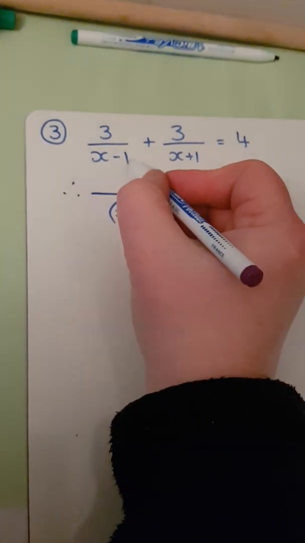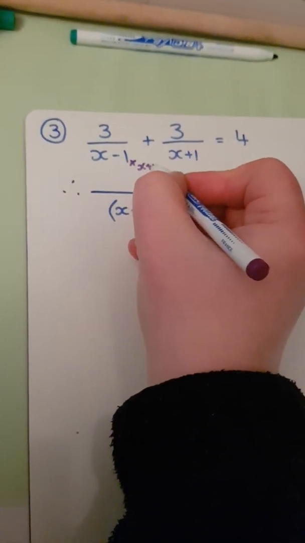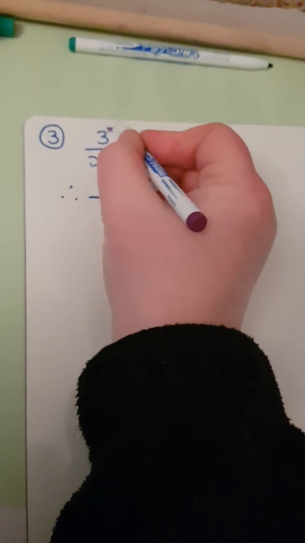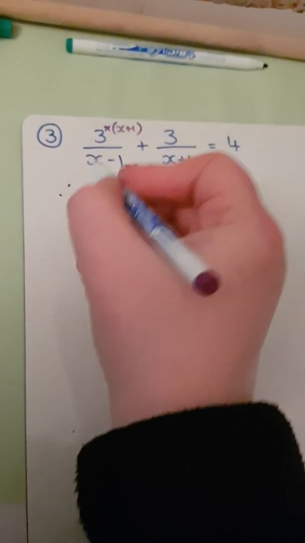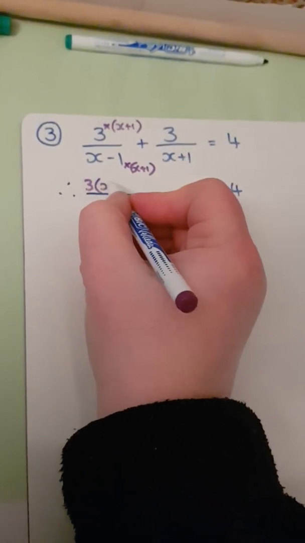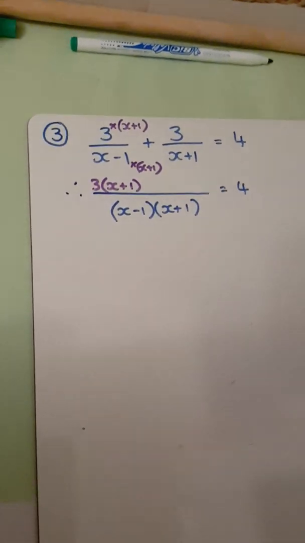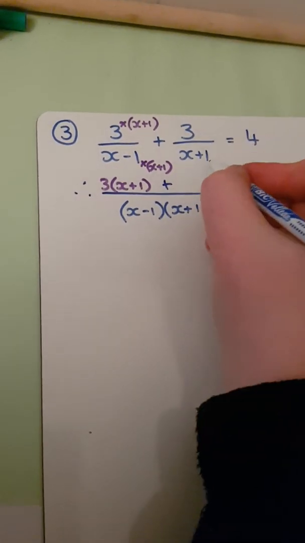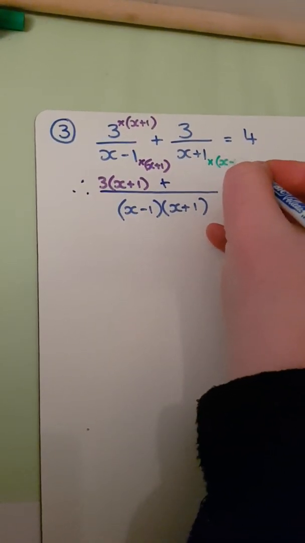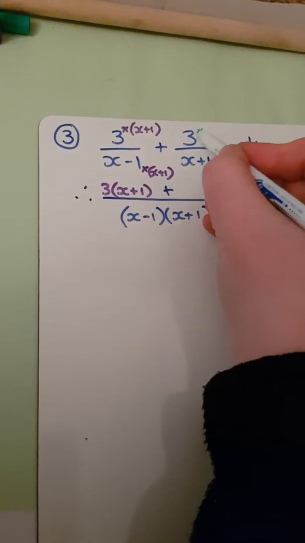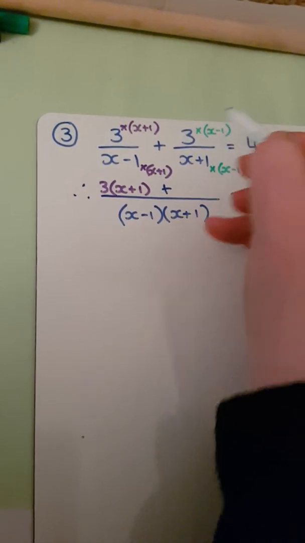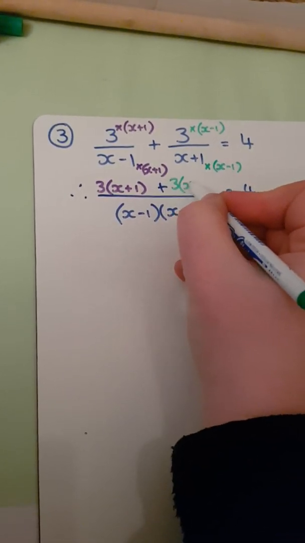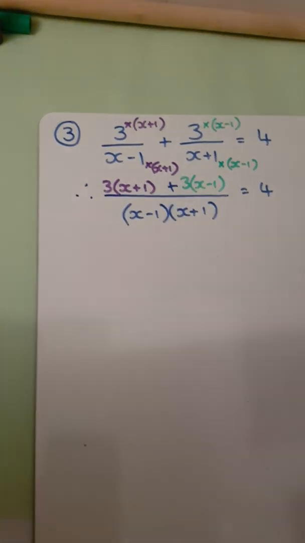And I would say to myself, right, I've multiplied that by x plus 1. So I have to multiply that by x plus 1, which is 3 times x plus 1, plus, I've multiplied this by x minus 1. So I have to multiply the top by x minus 1. And it gives me 3 times x minus 1.